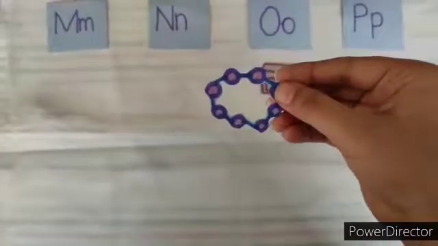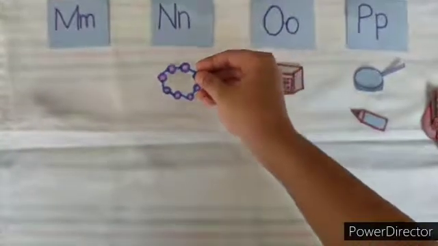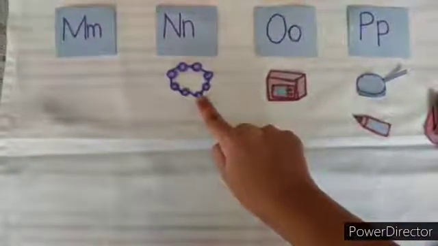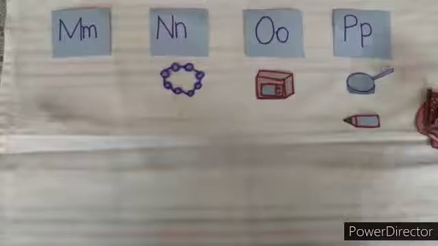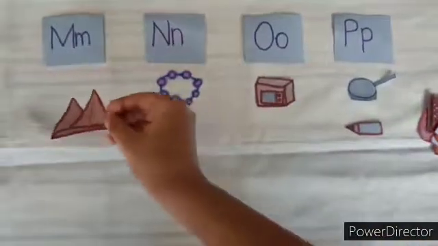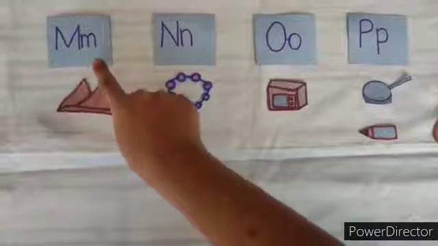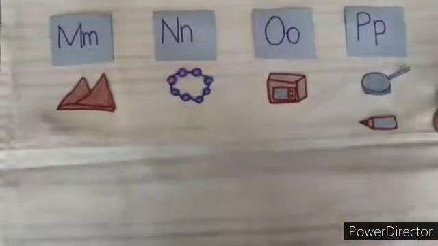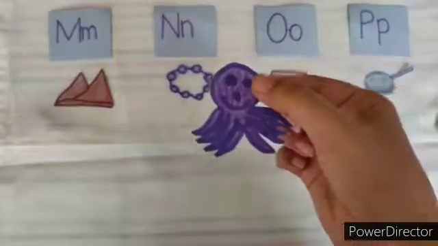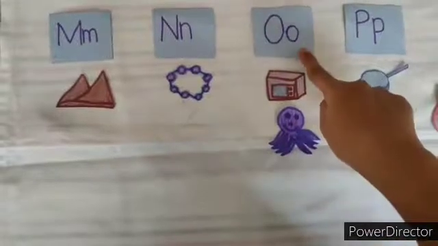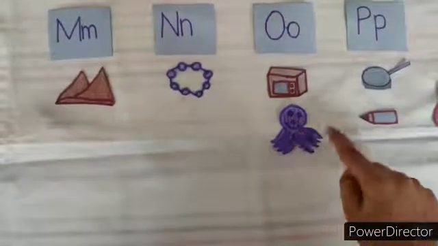Necklace. N for necklace. Mountain. M for mountain. Octopus. O for octopus.